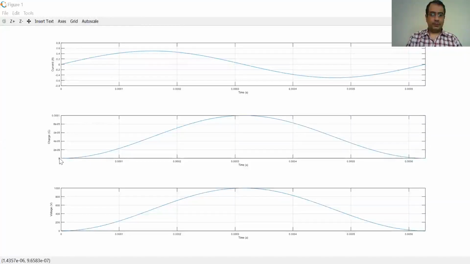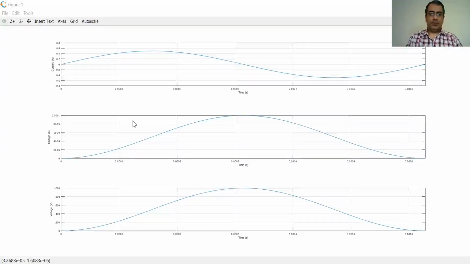It starts from 0 when the current is 0, and it's going to reach its maximum when that current becomes 0. And then when the current changes its direction, you see here the current is positive, positive, positive until it becomes 0, and then it becomes negative. As soon as the current changes its sign, the charge starts to drop, and the same for the voltage.